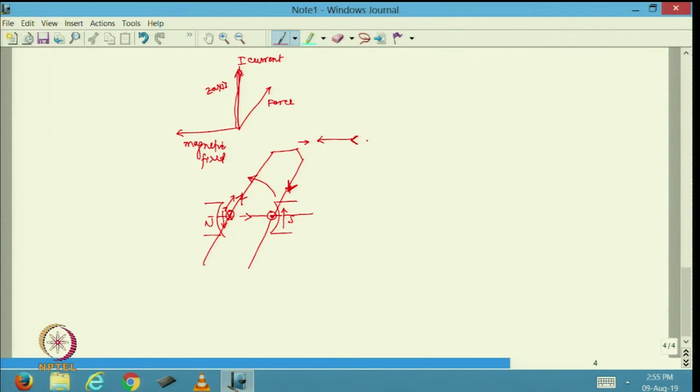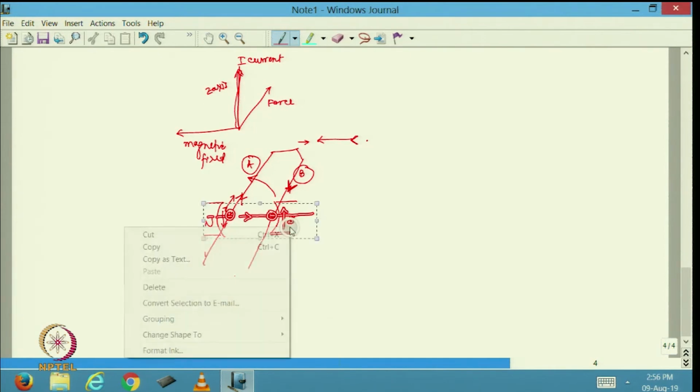The same way, when I am looking at the conductor rotating like this, after some time this conductor will reach here and this conductor will reach here. So, the current, if I look at it along this, it is going to be an alternating current. If I call this conductor A and this conductor B, I am going to see an alternating current continuously going through B and A, because for some time B is under the influence of the south pole.